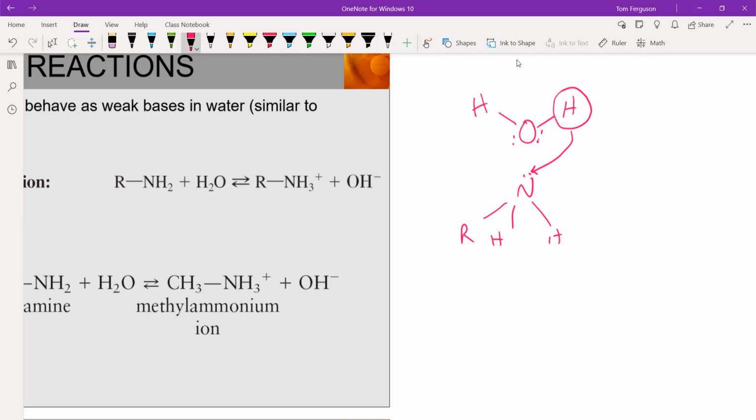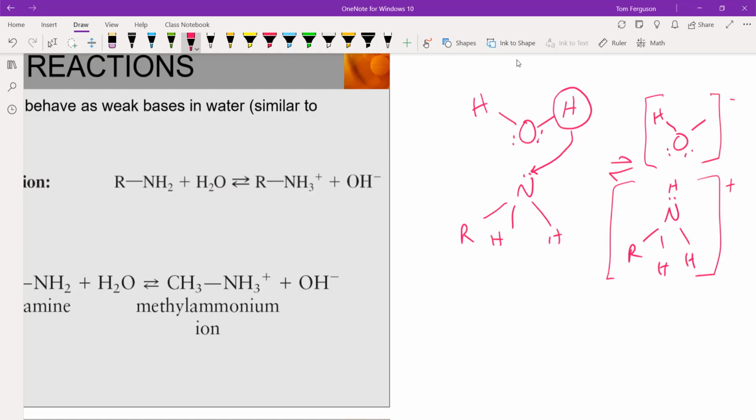When that happens, this comes across as the hydrogen only, without its electron, and does a very special kind of covalent bond where the hydrogen coming over has no electrons.